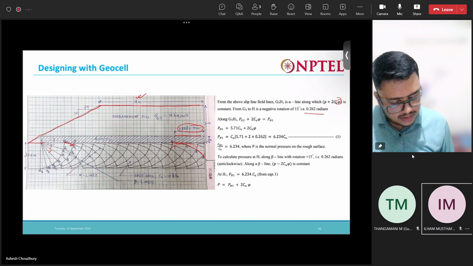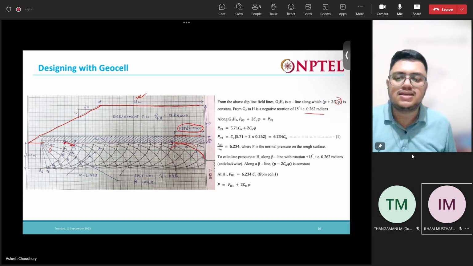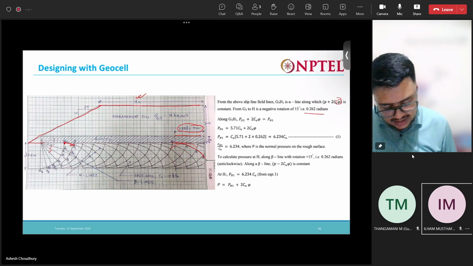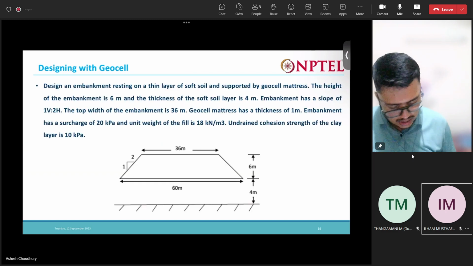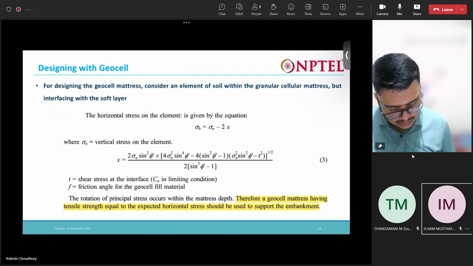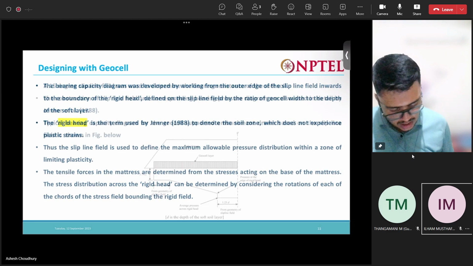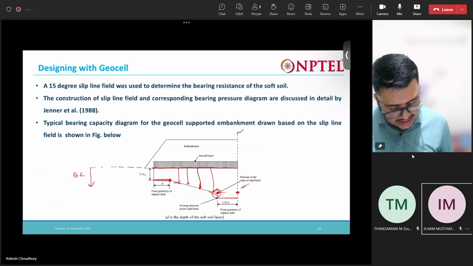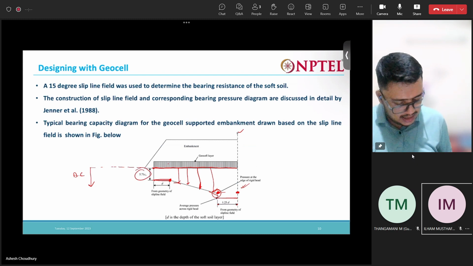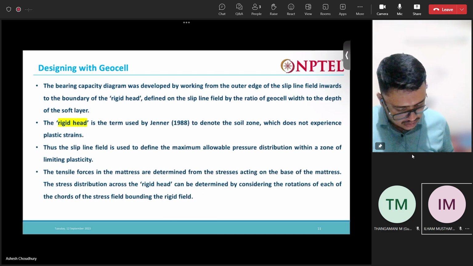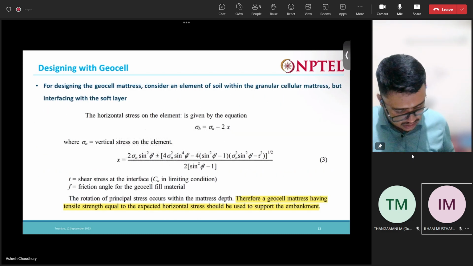What is the pressure at H1? Here we know at the G3 point, at distance d, the stress is 5.71 cu. We are drawing the slip lines from this point.